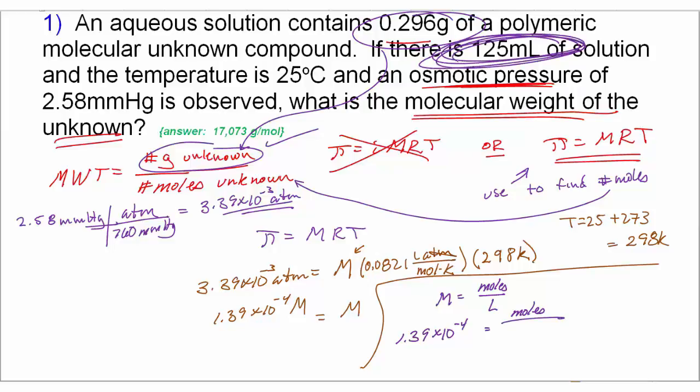Well, 125 milliliters is 0.125 liters. So let's solve for moles. Pretty much just going to bring the 0.125 liters up to the top with the 1.39 times 10 to the negative 4. So we multiply them. About 1.73 times 10 to the negative 5.